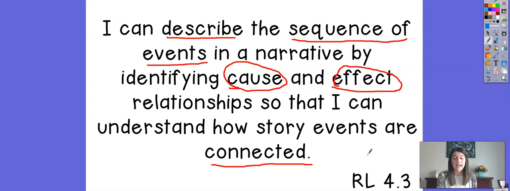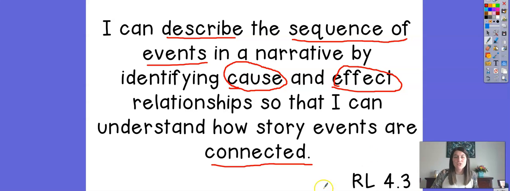So as we're reading today, our goal is to identify the events that happen and the changes that happen because of those previous events. That way we can really understand how the story events are all related and connected. If we look at those cause and effect relationships, we'll really understand why certain things happen in a story.